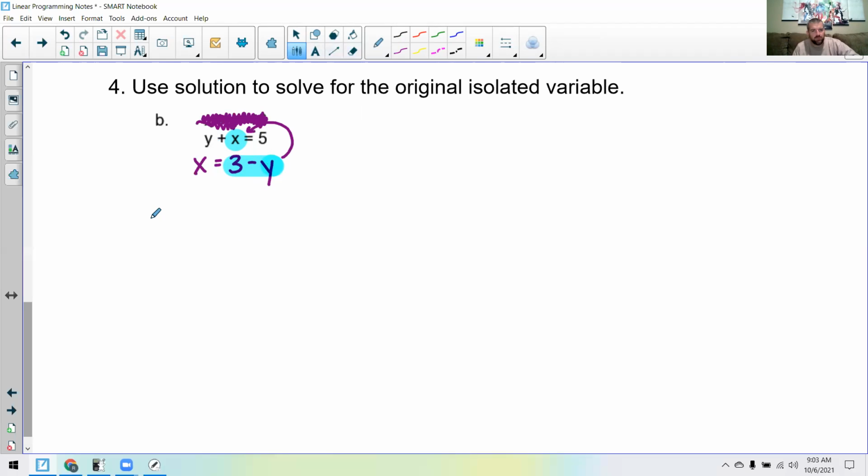So the first equation becomes y plus 3 minus y equals 5, because this thing here was originally x. If that doesn't make sense, stop me and let me know. I rewrote the first equation, but instead of writing x, I wrote 3 minus y, because 3 minus y equals x.